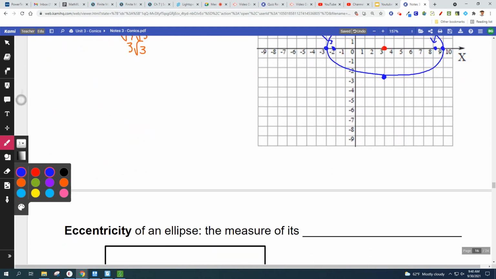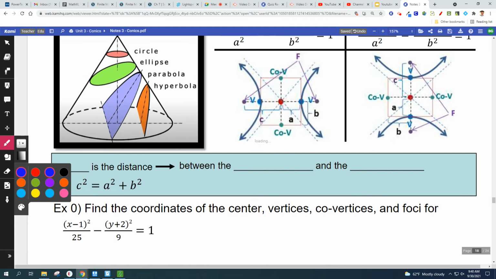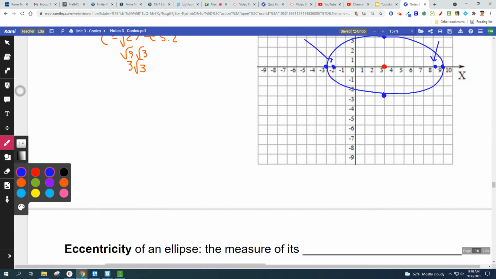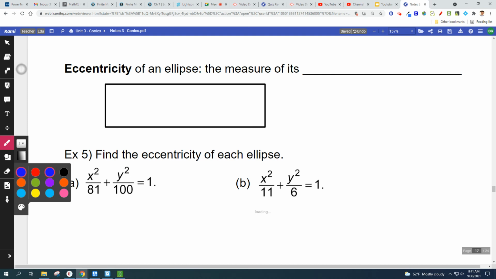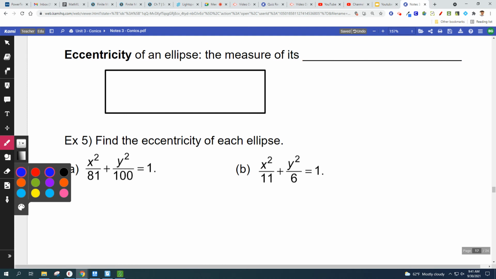Let's finish up. I think one more slide. Eccentricity of an ellipse is a measure of its roundness. A circle is perfectly round, but an ellipse is not. Okay, ellipse is roundish, right?